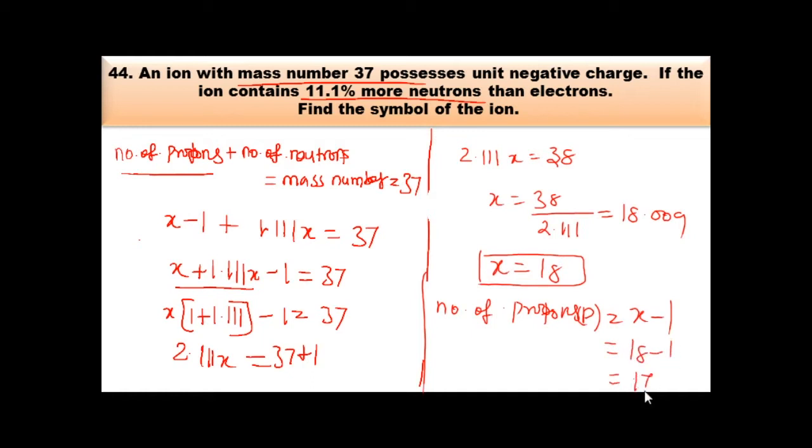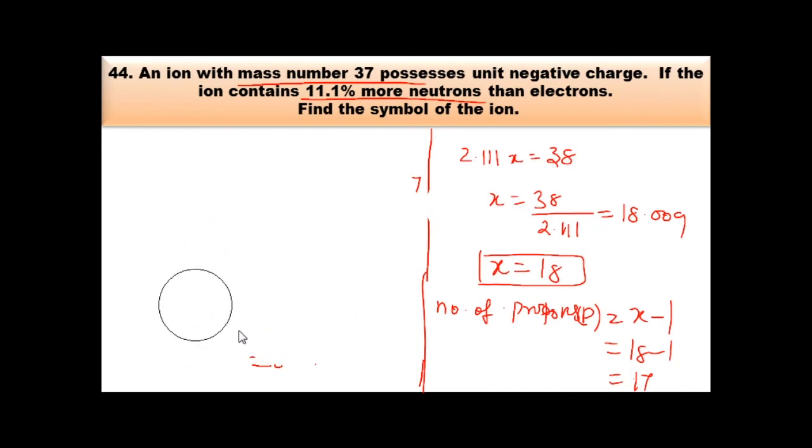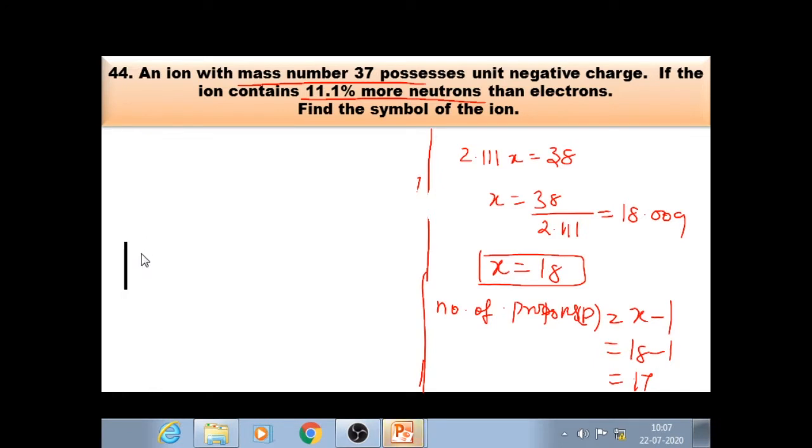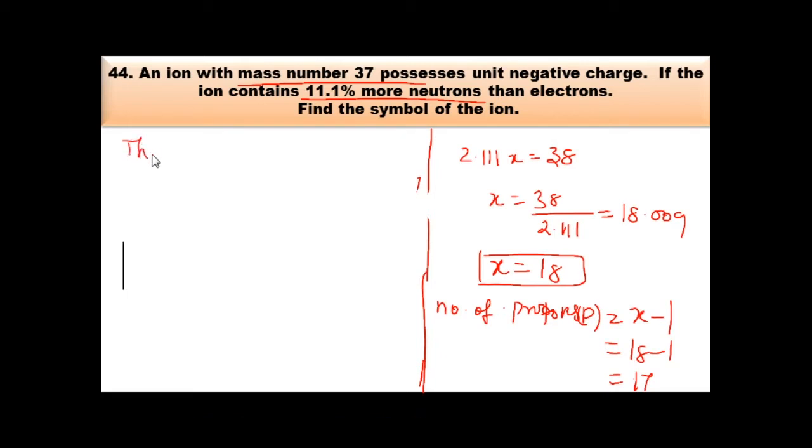So the answer is 17. The symbol of the ion is chlorine, Cl, atomic number 17, mass number 37. So this is the answer. Symbol of the ion is chlorine, that is Cl.